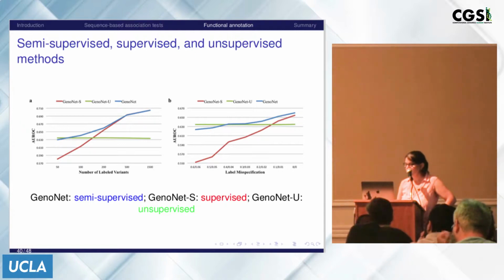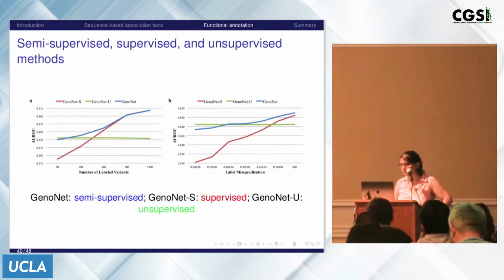And it's a similar behavior if you look at label misspecification. When the label misspecification is high, the unsupervised approaches are more accurate than the supervised approaches, and as the label misspecification decreases, then you obviously get the supervised approaches doing better than the unsupervised.